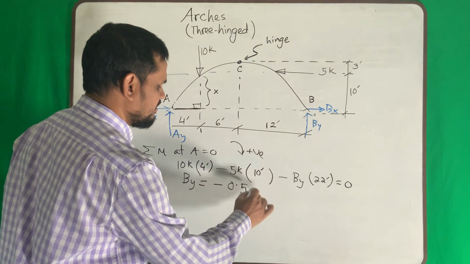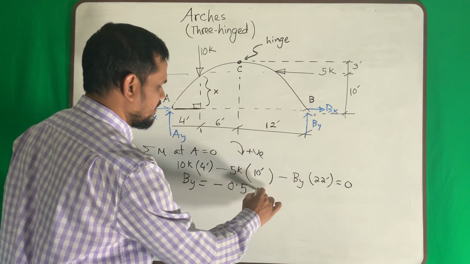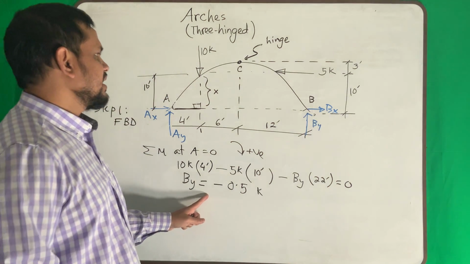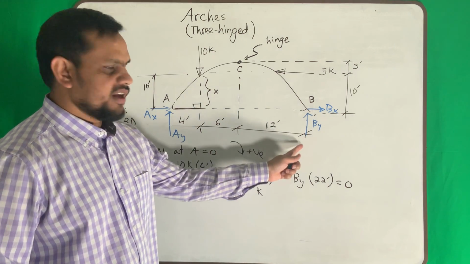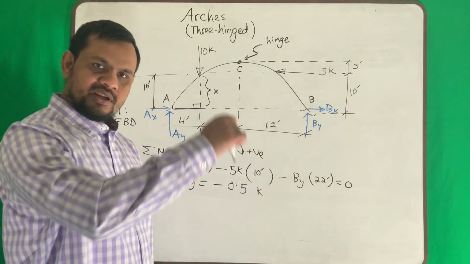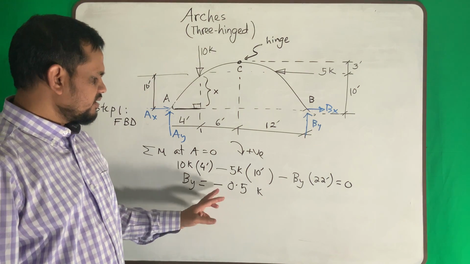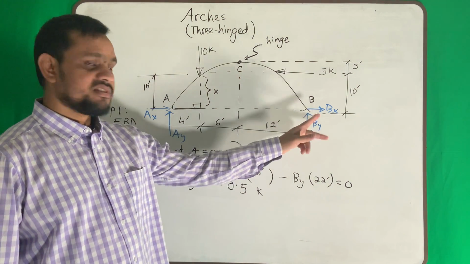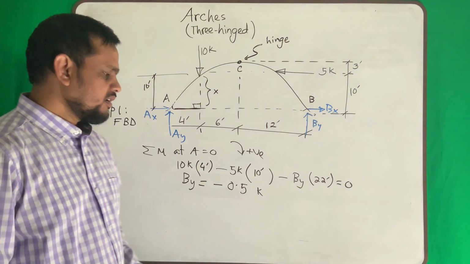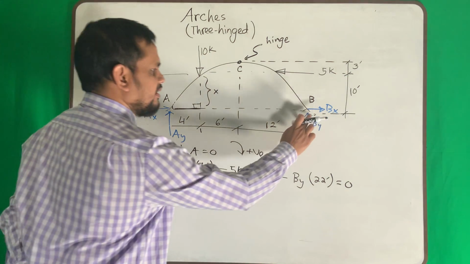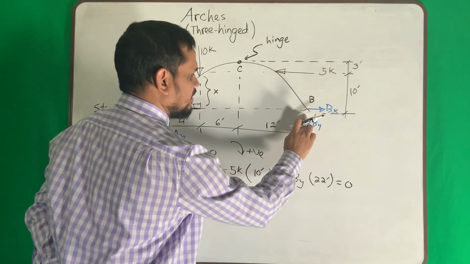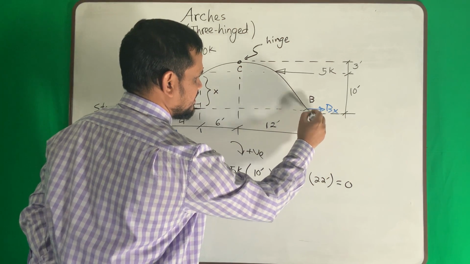Assume 5 for 5 kip. So I got a negative number. Negative number means whatever I assumed, it is not that way, it is that way. So you can do two things. One, you can use the negative sign, or you can change the sign, whatever you like. Okay, this time maybe what I will do, or keep as it is.